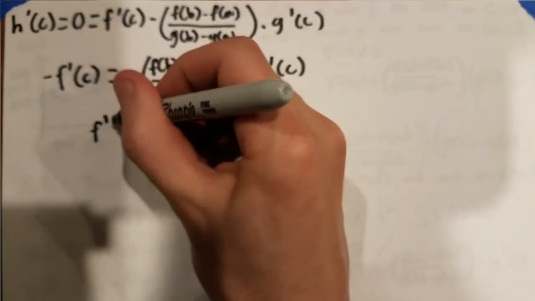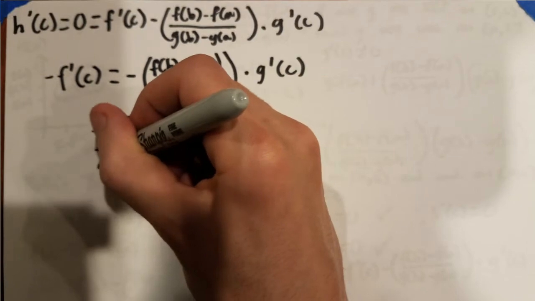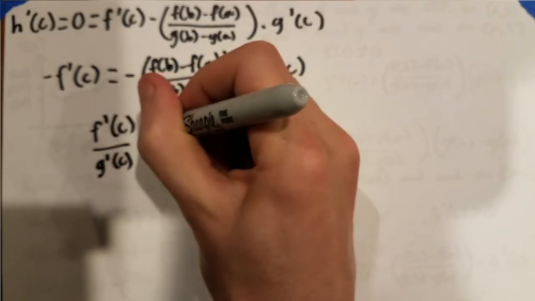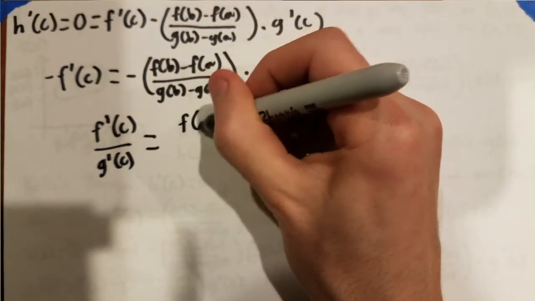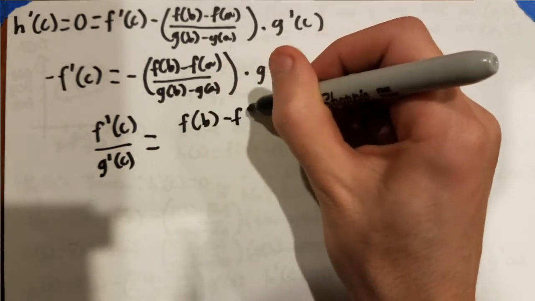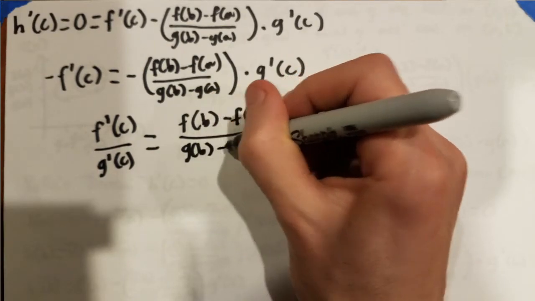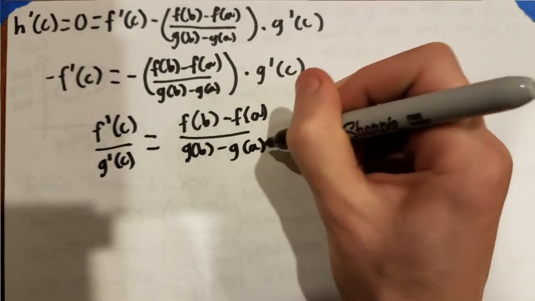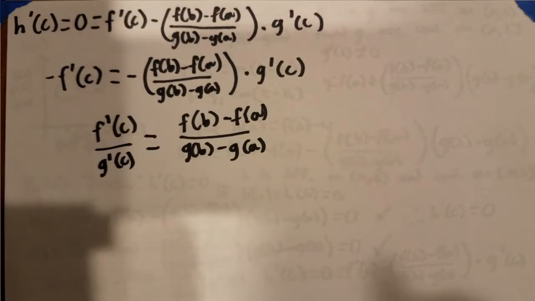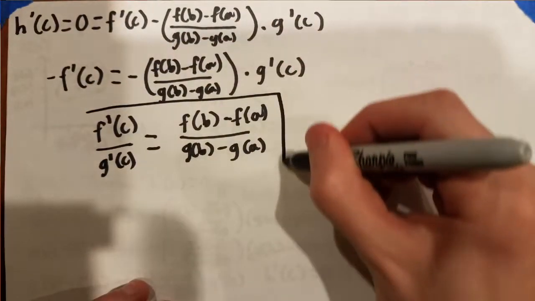So we get f prime of c over g prime of c equals f of b minus f of a over g of b minus g of a, which is Cauchy's mean value theorem. Alright, so we have finished our proof.